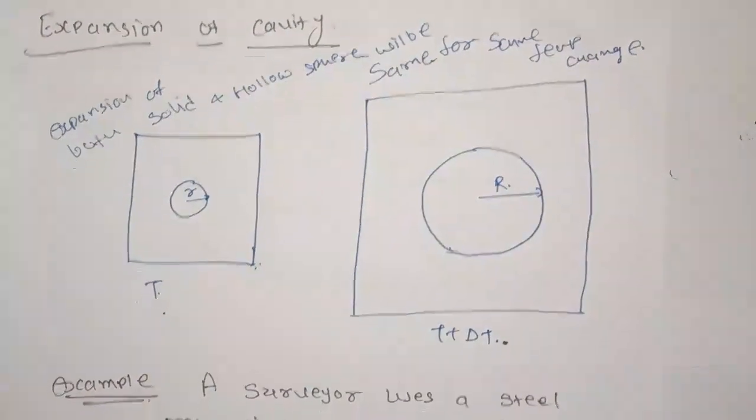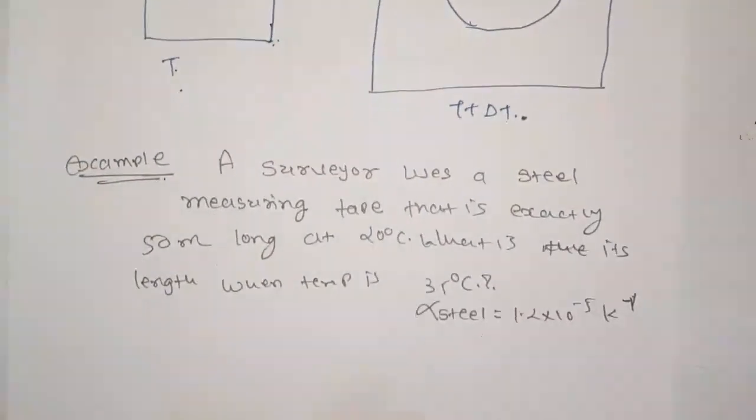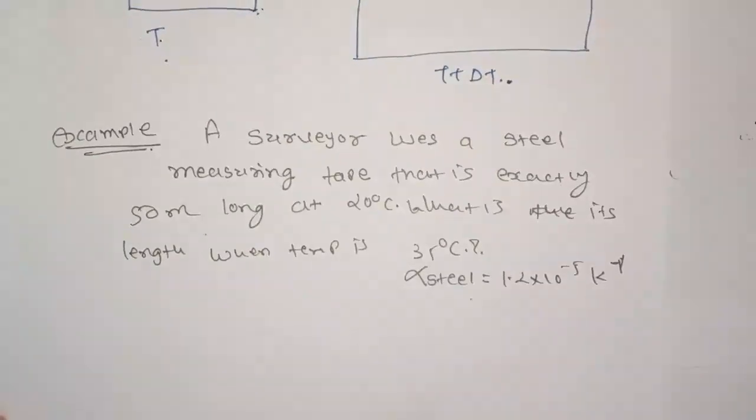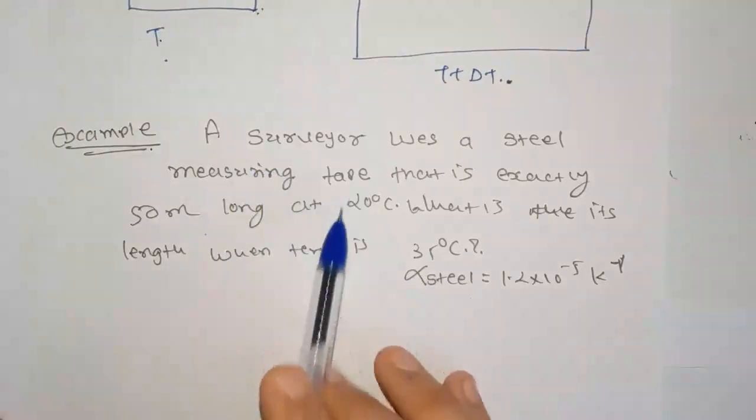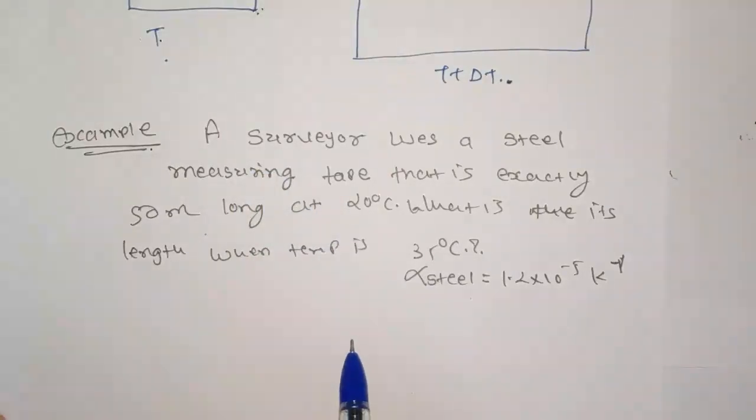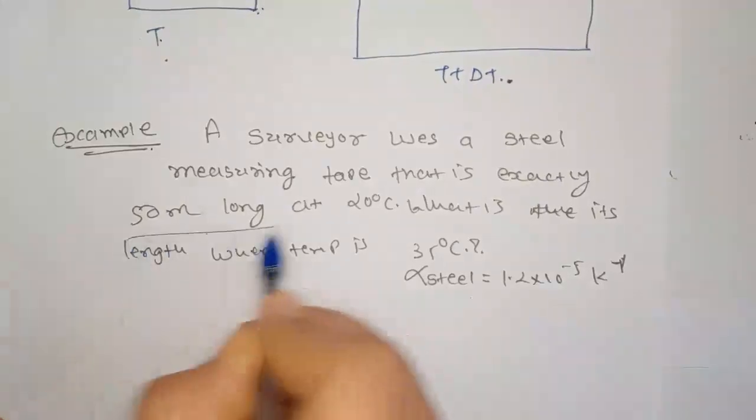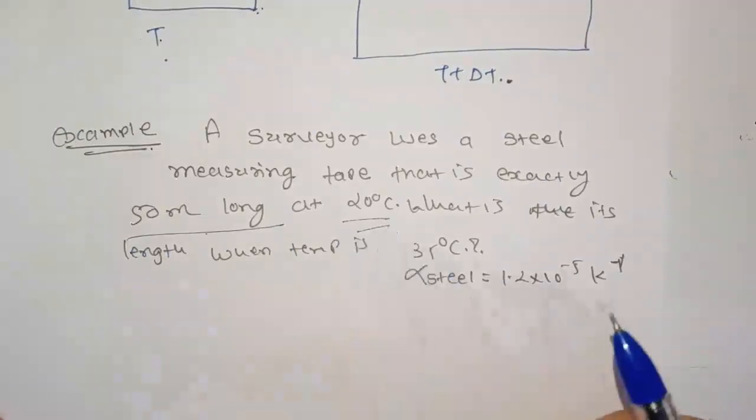Now, let us see some examples based on the expansions. In this example, a surveyor uses a steel measuring tape that is exactly 50 meter long at 20 degrees Celsius.